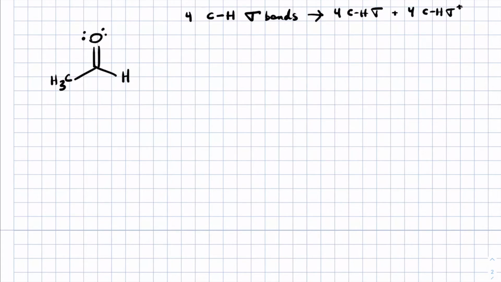Does that make sense? We've concluded every bond has to have a bonding and antibonding orbital. Let's see, how many carbon-carbon bonds do I have? I have 1 carbon-carbon sigma bond. So that means I need 1 carbon-carbon sigma bonding orbital and 1 carbon-carbon sigma star.